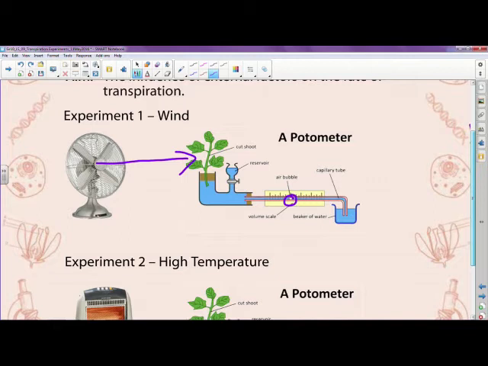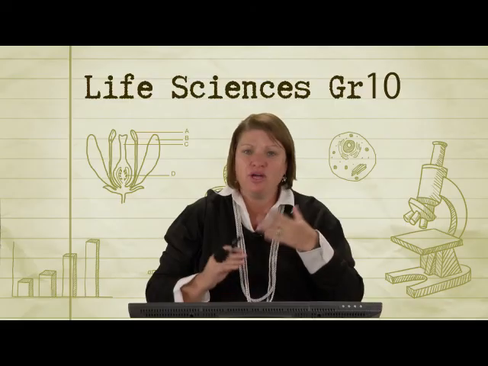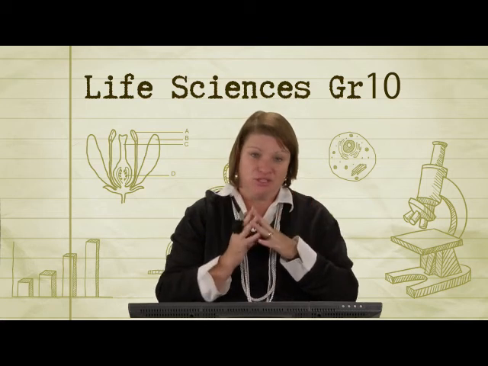I start my stopwatch, and for a minute I see how much my air bubble moves. Then I record it. Then I wait a little bit, and then I do it again. Each time, by using the control of this little knob, I can get my air bubble to move back again, so I can start again. And so I'm going to do this for each of my external factors.